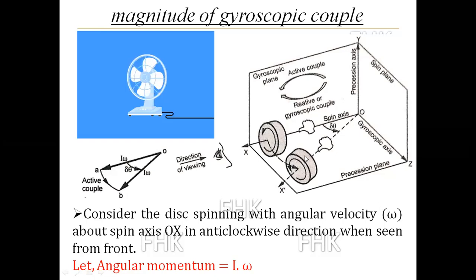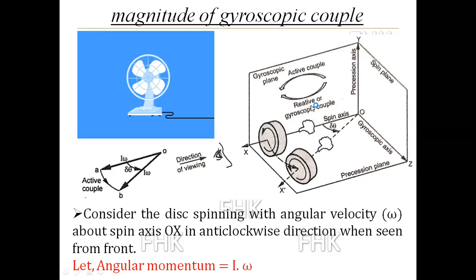You have to slightly tilt the vehicle either left or right, towards the center of rotation or away from it, and that is nothing but applying the gyroscopic couple while taking the turn. In most examples, you experience the gyroscopic couple.